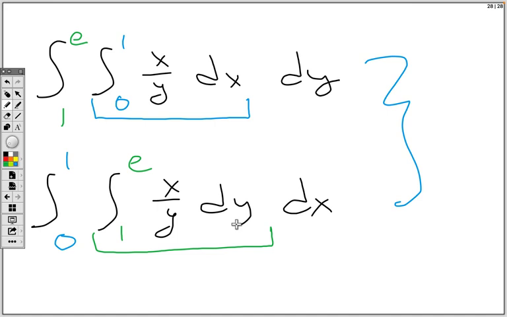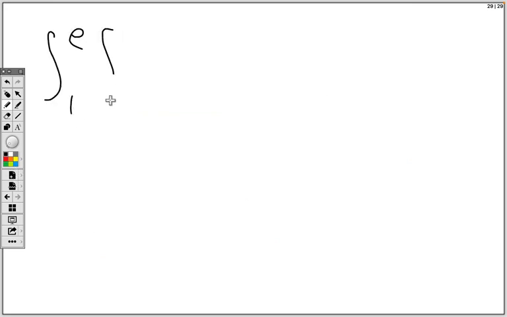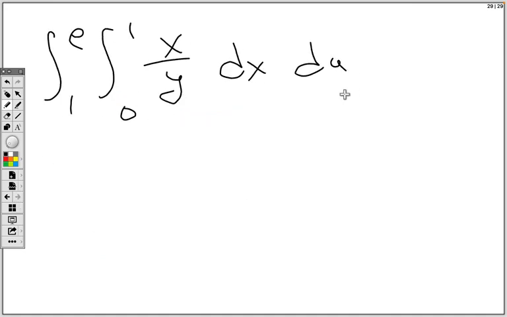Now in this particular case, it doesn't really matter which one we do first. We can actually split this up. So if we started off with the first one, say, we're integrating with respect to x. We can treat y as a constant, so we can move the constant out front.